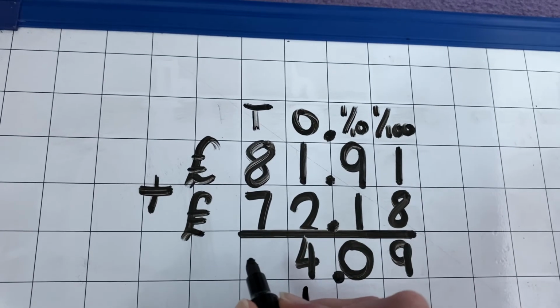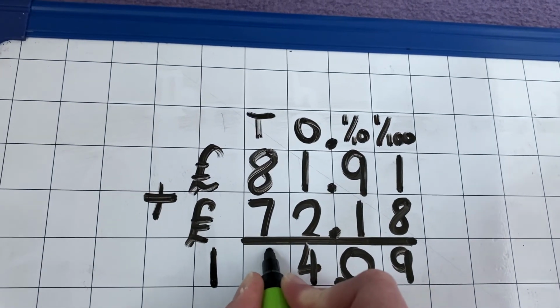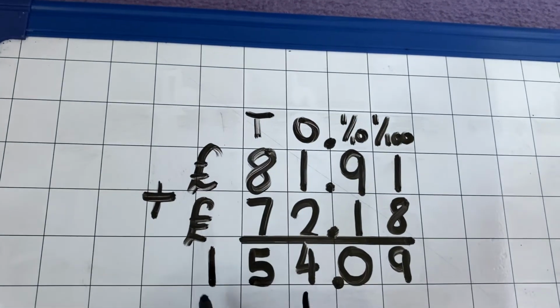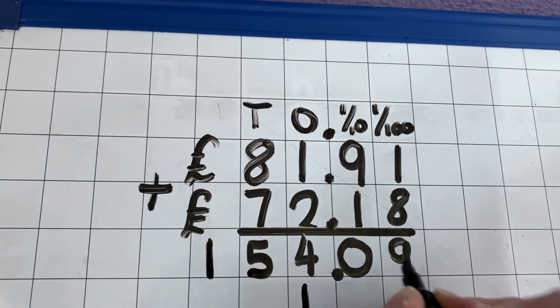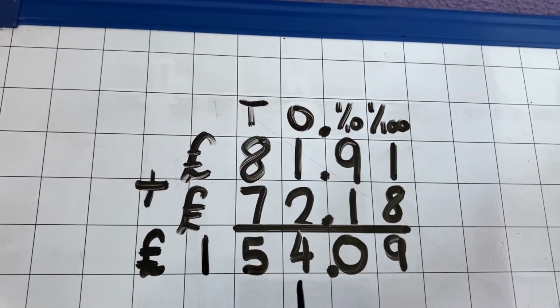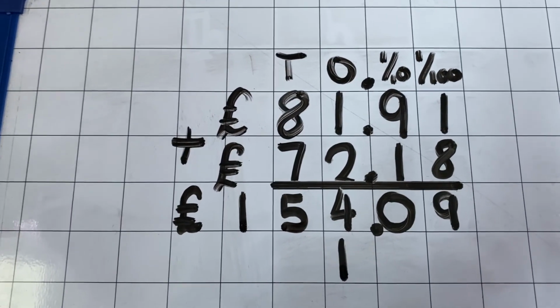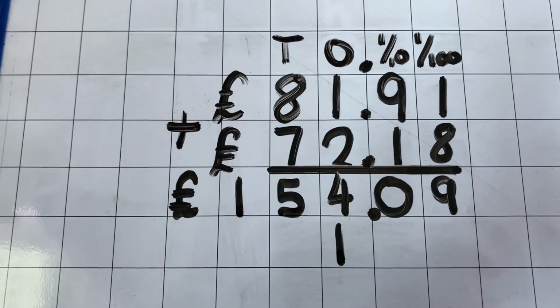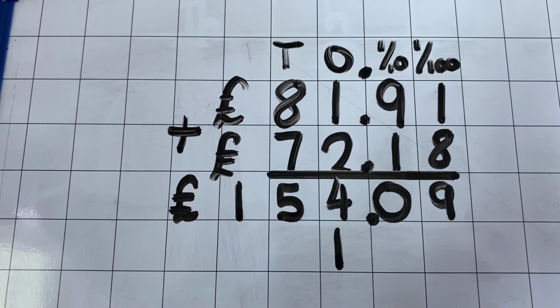Therefore, I need to make another exchange into my hundreds column. So I now have £154.09. In Year 6, children will build on this understanding and complexity by using larger numbers, including those in millions and those with several decimals.